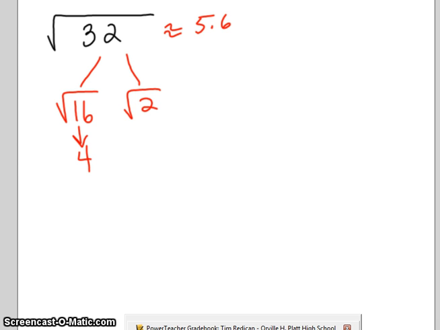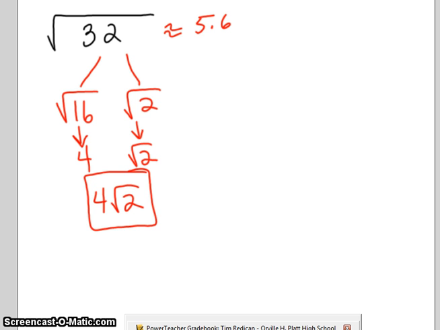And the square root of 2 is not a perfect square, so that's just the square root of 2. All right. So now we're left with 4 and the square root of 2, so our answer is going to be 4 square root 2. That is this simplified in radical form.